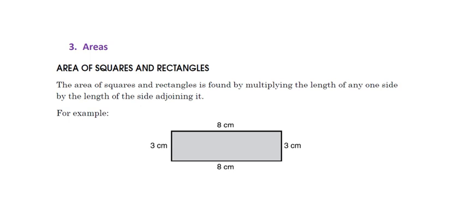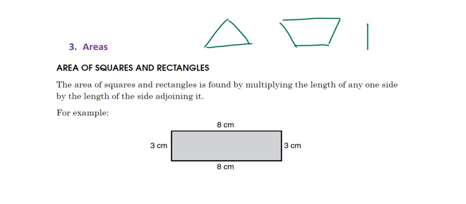So a triangle has three sides. Then four sides: we check something formed by four sides. At first we have the square and the rectangle.